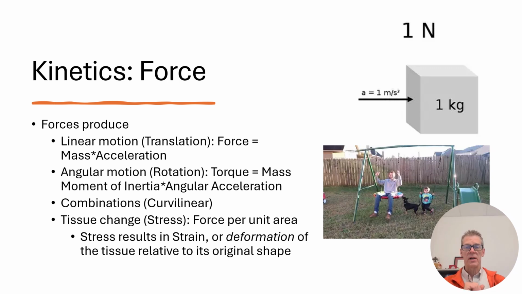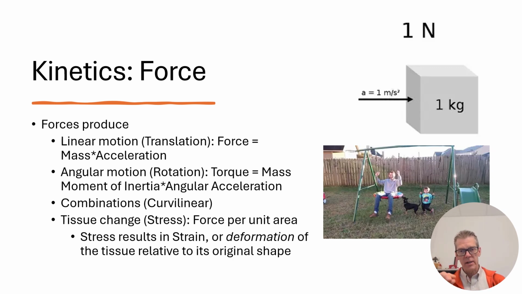If you can see the two people on the swing sets there, one of them won't require much force at all to get swinging, and that would be angular motion, right? The other one's going to require more force to get moving, the bigger guy on the left, right? Because they have more inertia in their system. A larger mass means more inertia, more difficult to get angular rotation started. So that's how that equation applies.